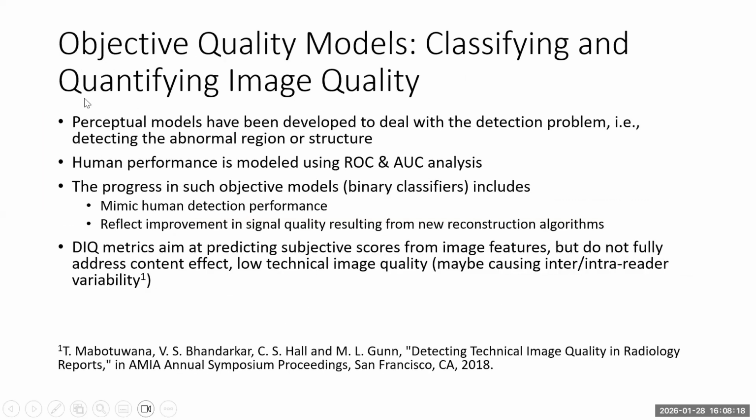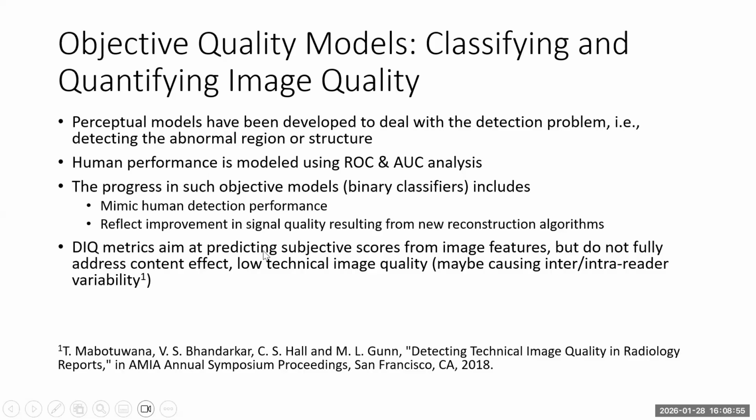In principle, to deal with the image quality problem, there had been a modeling based on classification. So a binary classification says these images are good or bad, or these images detect the abnormality and these don't. And they use models like receiver operating characteristic and the area under the curve analysis, or binary classifiers that try to mimic that detection performance problem.